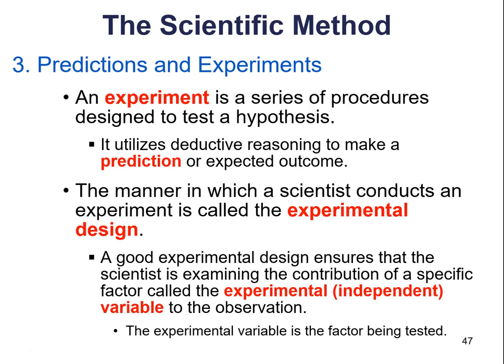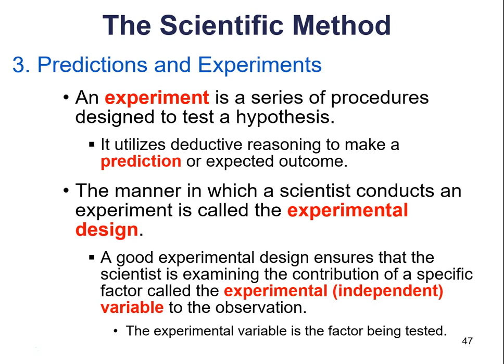Now, it mentions deductive reasoning. It says deductive reasoning involves if-then logic. So if this happens, then it means this. That's sort of the prediction, that's how you're developing that prediction.